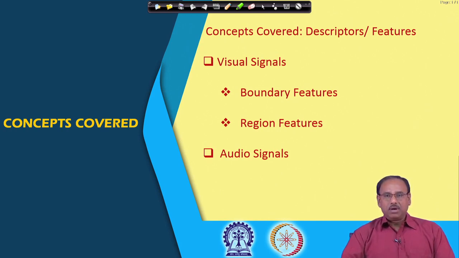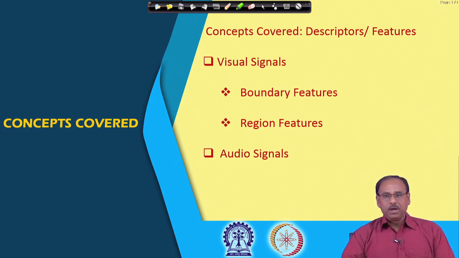So, firstly I will talk about the visual signals, or how I extract different types of features or descriptors from a visual signal. And these descriptors can be of two types, as we have already said. The descriptors can be obtained from the boundary, which tells you the boundary property.